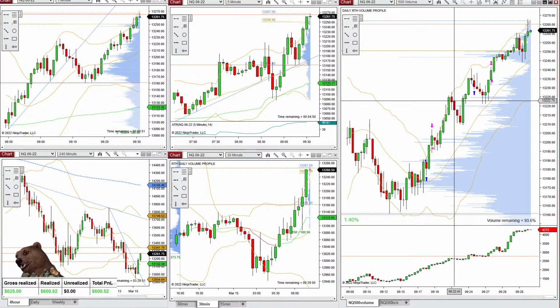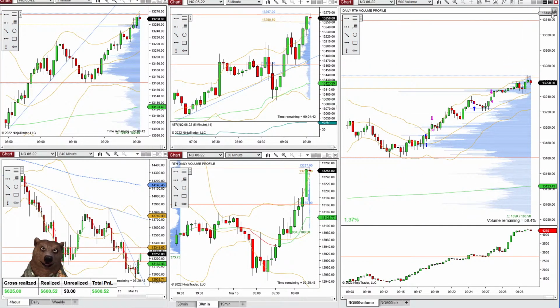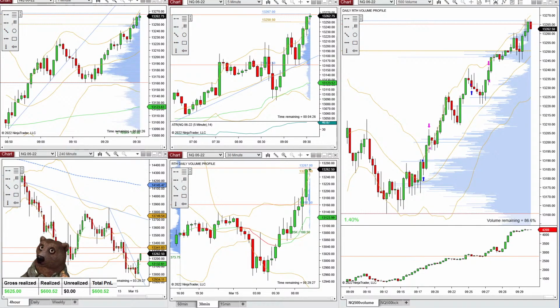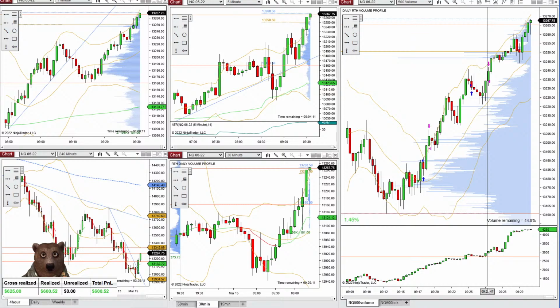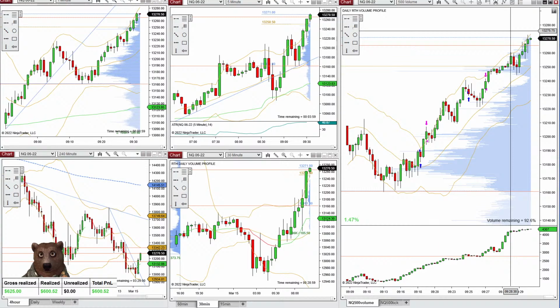$13,340, I think, would be my next target. 13,290, yeah, probably. It'll probably keep ripping. I think it might come up into this space. Lots of volume coming in up here.